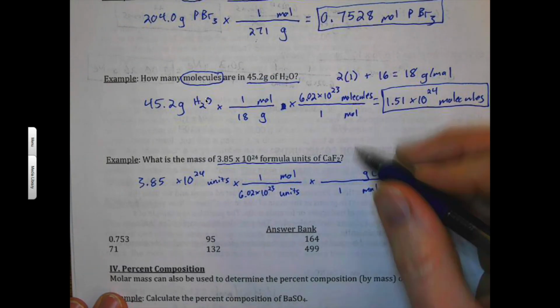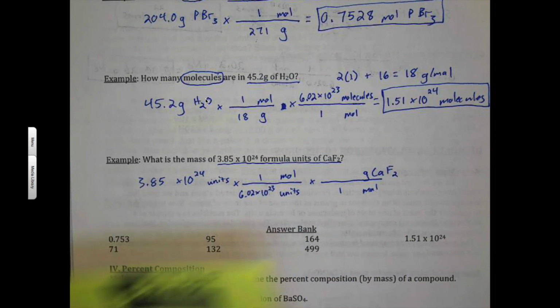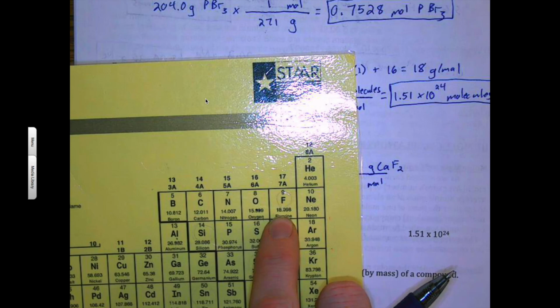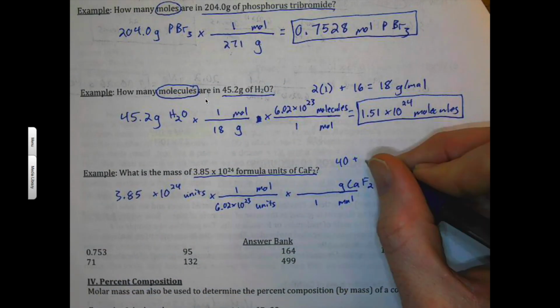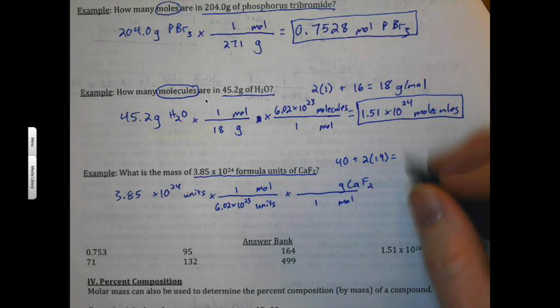And so I need to go to the periodic table to find that one. So calcium is going to be 40, and then fluorine is going to be 19. So it's going to be 40 plus 2 times 19. And so that means that it's going to be 78 grams per mole.